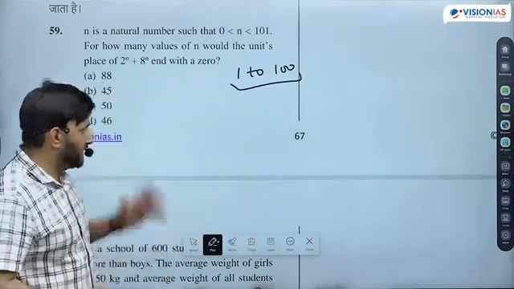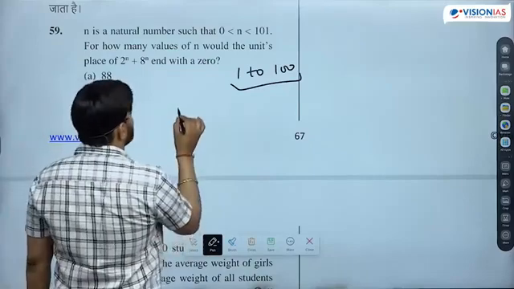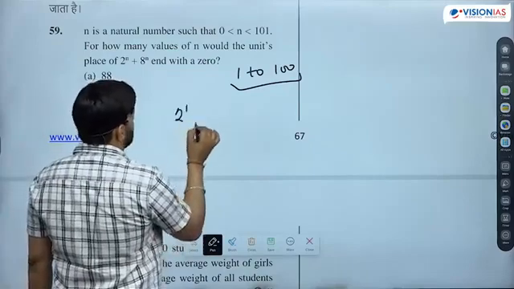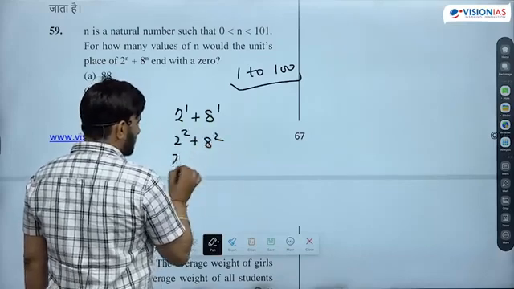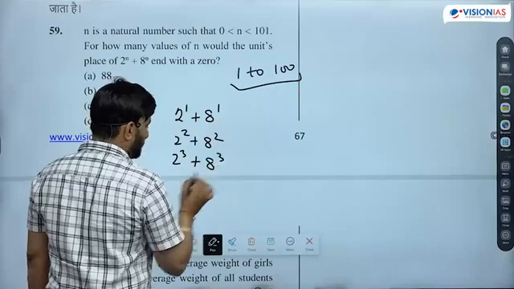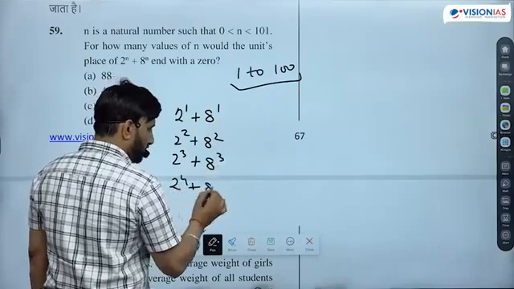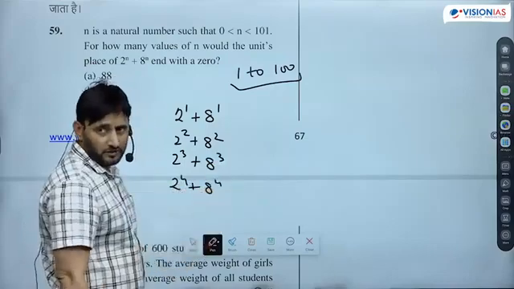Let us check in one set. 2 to the power 1 plus 8 to the power 1, 2 square plus 8 square, 2 cube plus 8 cube, 2 to the power 4 plus 8 to the power 4. After that it will start repeating.